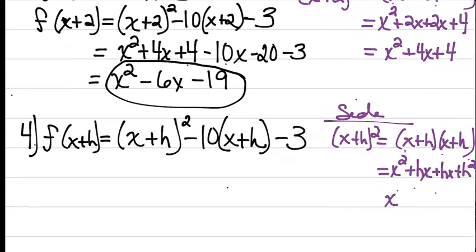So now we obtain x squared plus 2hx plus h squared. 1 apple plus another apple gives me 2 apples.